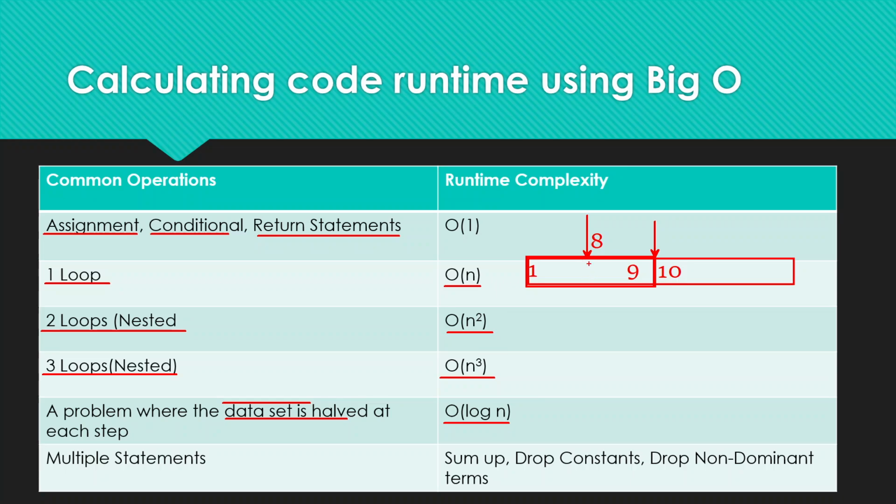So we check, is 5 greater than or less than 8? Because 8 is greater than 5, we take from number 6, the next half, like that. Now here we have number 7 and number 8. So again, we check in the middle here. So you see, we've halved the problem.